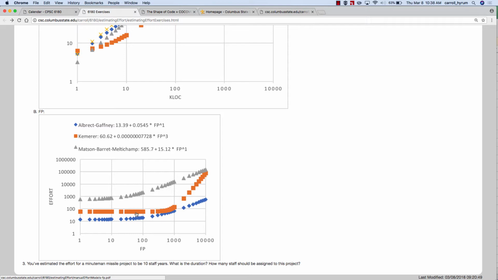Those are small projects, and it's going to take some background effort just to knock this project out and get it done. But as they get bigger, the effort starts increasing rapidly. I thought this one was interesting, and this one is going to increase much higher than the other two, but otherwise it's in between the two.